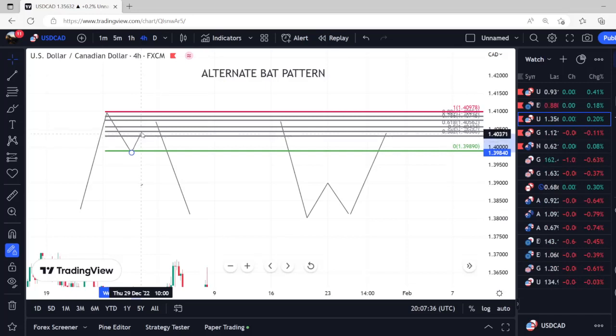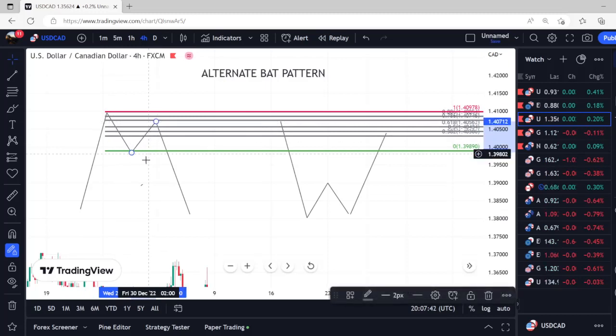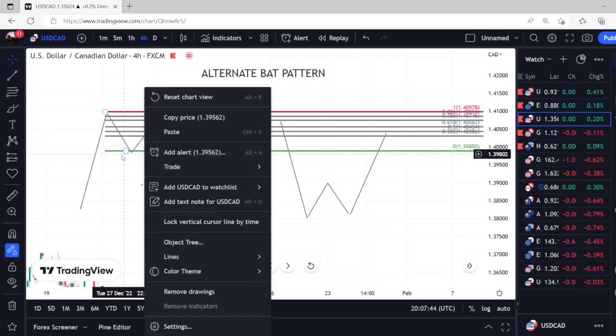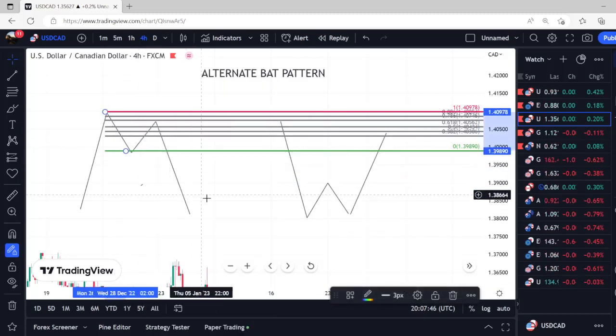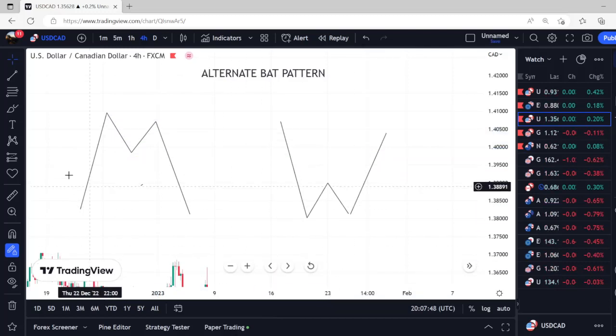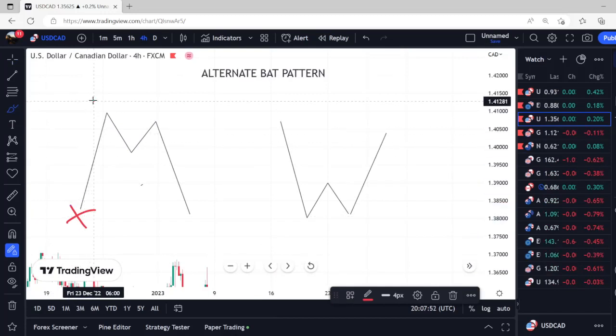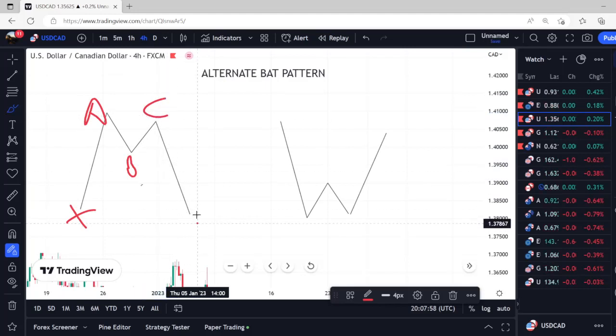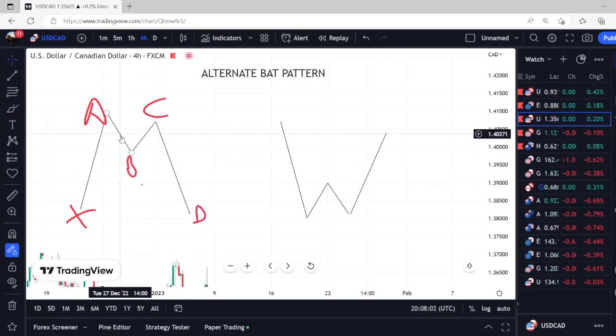But it must not go above the A. I hope that makes sense. I think the best thing to do is to label this: X, A, B, C, and D. So this is the first point.